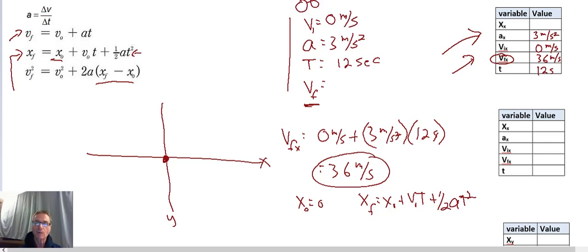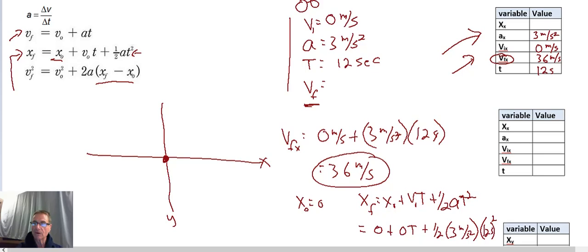So x final is going to equal x initial, which is 0, plus vi times t. Well, our initial velocity is 0, so 0 times t, plus 1/2 times a, our acceleration, which is 3 meters per second squared, times t squared, which is going to be 12 seconds squared. We just almost ran out of space there.